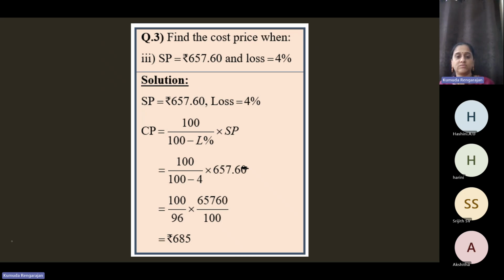So I'll just take away the 0. So 1 decimal place, so divide by 10.